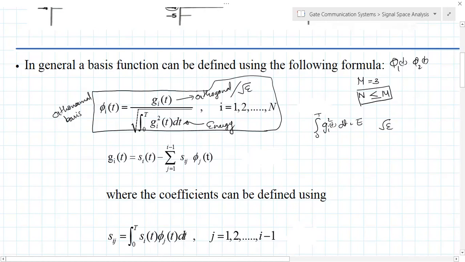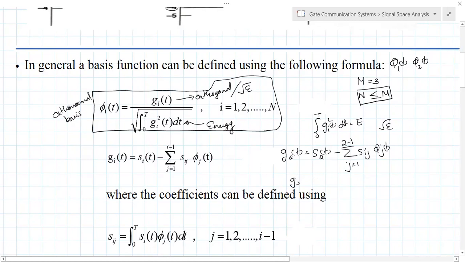For example, if you want to calculate g2(t), we can use s2(t) minus the sum, in this particular case, with i value 2, so 2 minus 1. So j goes from 1 to 2 minus 1 of s_ij times phi_j(t).